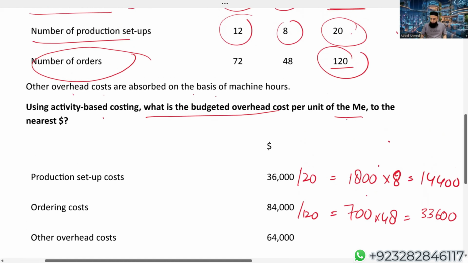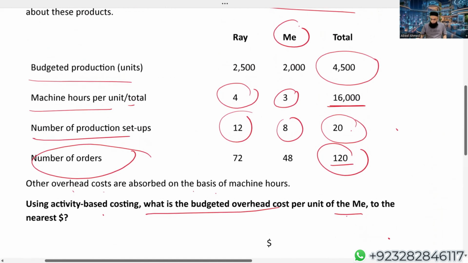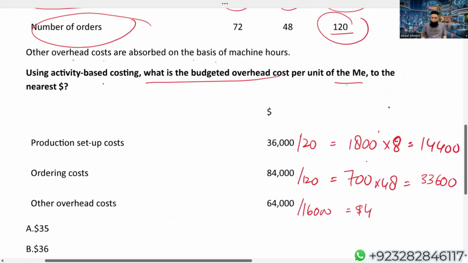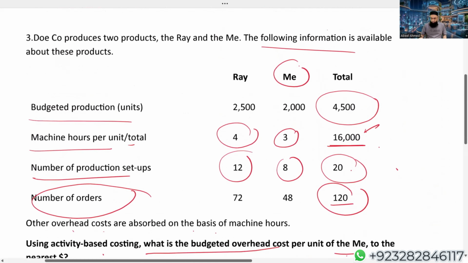Other overheads are on the basis of machine hours. Students, the total machine hours are 16,000, so we divide by 16,000. I'm getting $4. So the other overheads rate is $4 per machine hour. Now let's see how many total machine hours me will take.